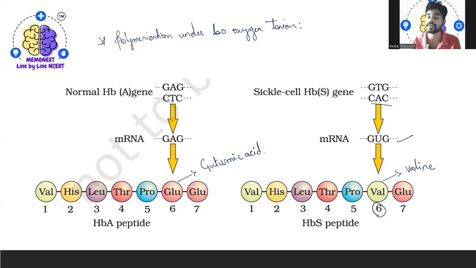So what is the shape of the RBC? That is the biconcave shape. As I have shown in the previous video, the shape got changed into an elongated sickle-like structure. Okay, so this is clear.